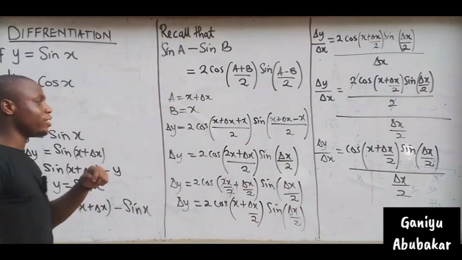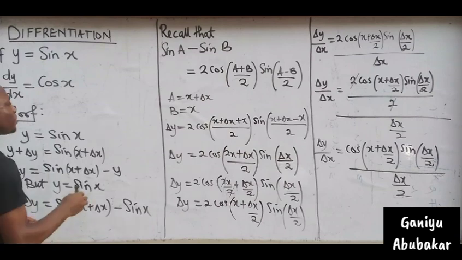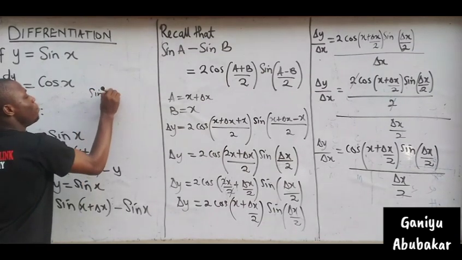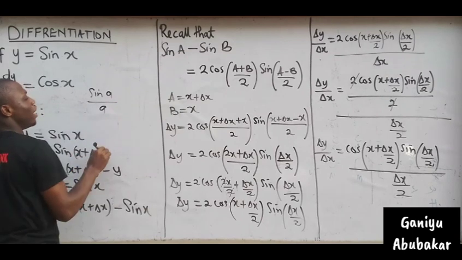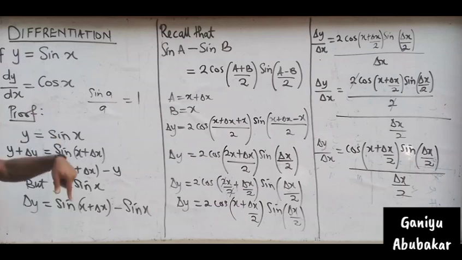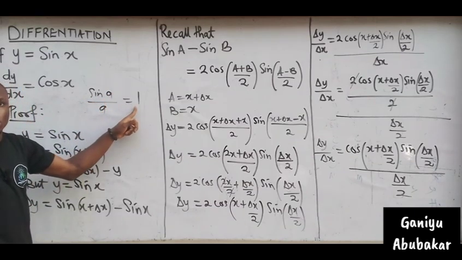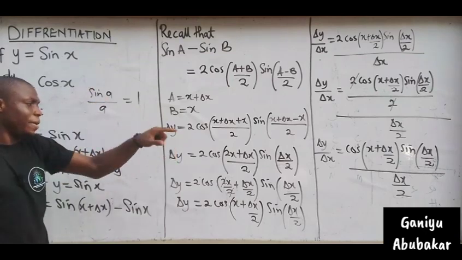So at this point, recall from trig functions that if I have sine of a number divided by that same number, my answer there is 1. We go from this trig function that says sine of a number divided by that same number is 1. I'll apply this concept here.